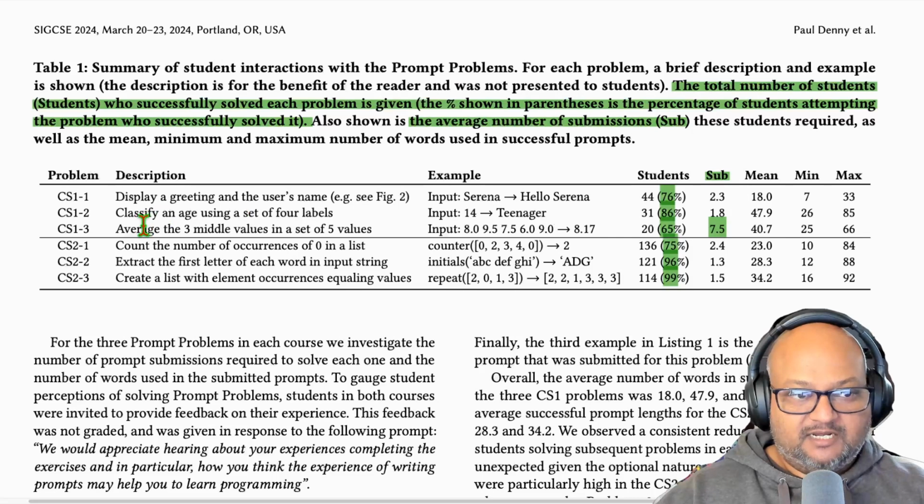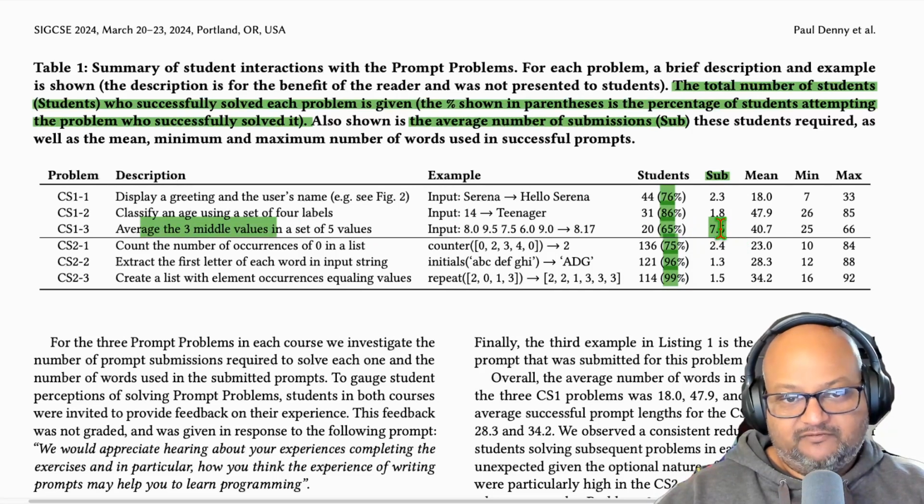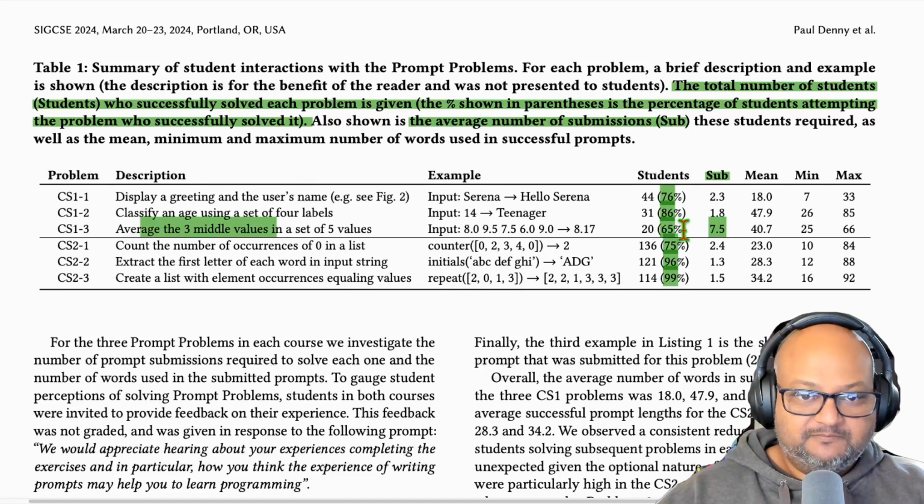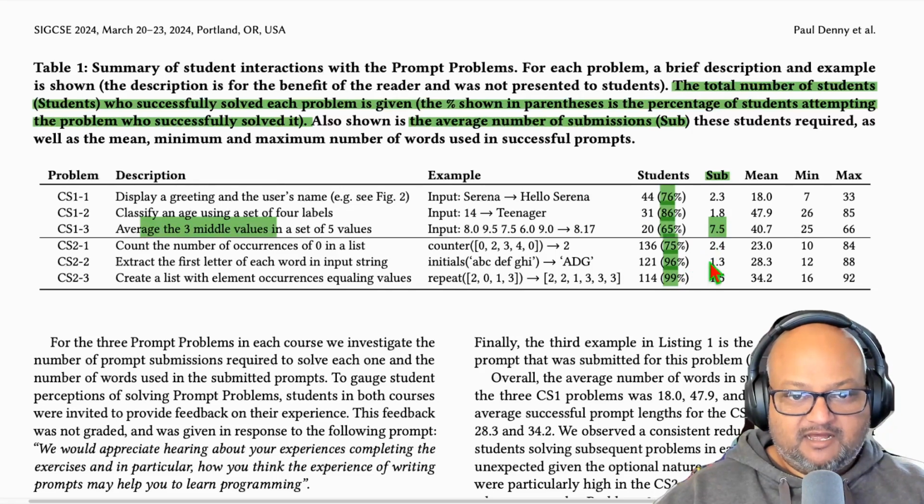You can see, for example, this one, average the 3 middle values, took on average 7.5 repetitions, and only 65% of the students that tried it could solve it. And some of these problems have average number of tries pretty close to 1, which means most students got it on the first try. But you can see a lot of them have average tries above 2 or close to 2.